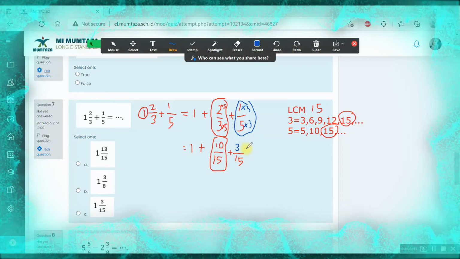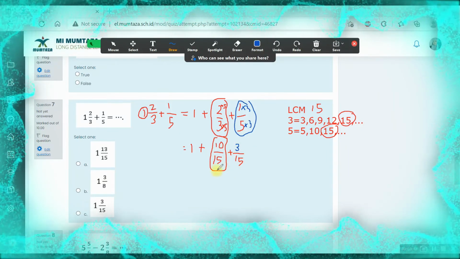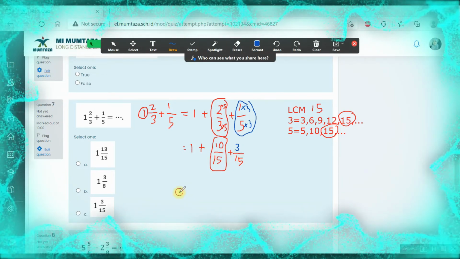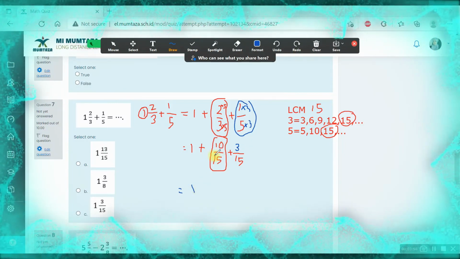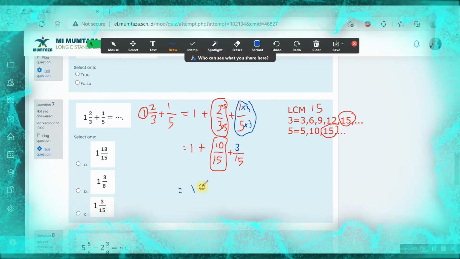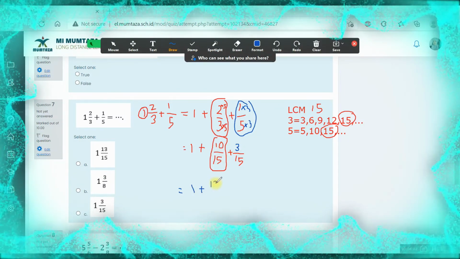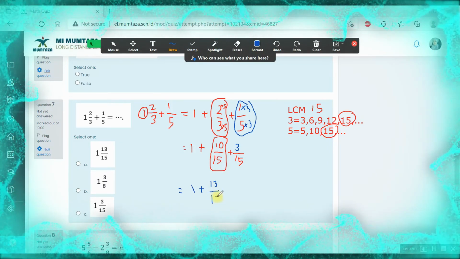Now, the fractions are already like fractions. Yeah, the bottom number is already the same, so we can add. Now, the whole number is still 1. And then for the fraction, we add. 10 plus 3 becomes 13, and the bottom is still 15.